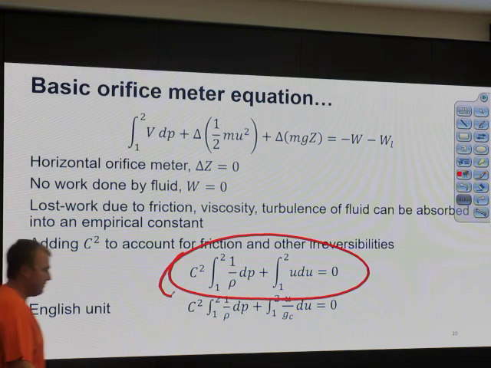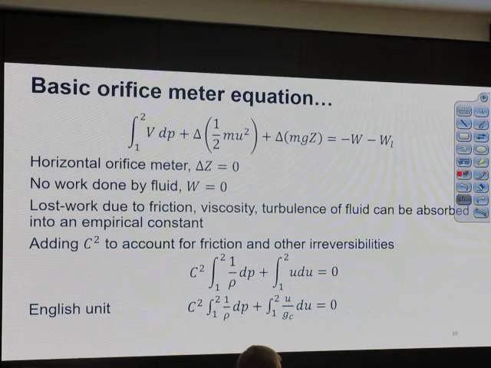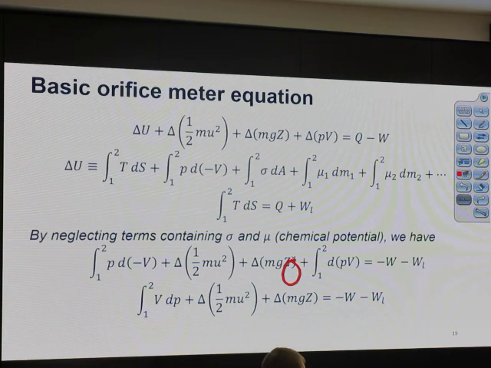Why do we have u? What is that small u over there? Okay, next, what's your name in the back, sir? Richard, what is that u? Viscosity. Oh, let's go back. What is that u?